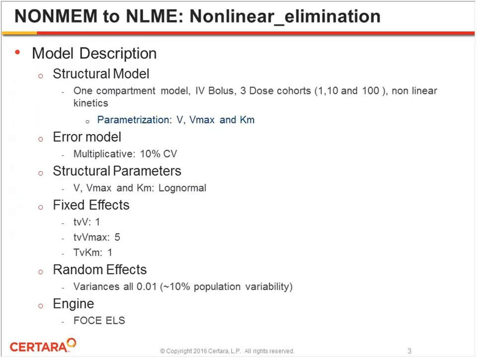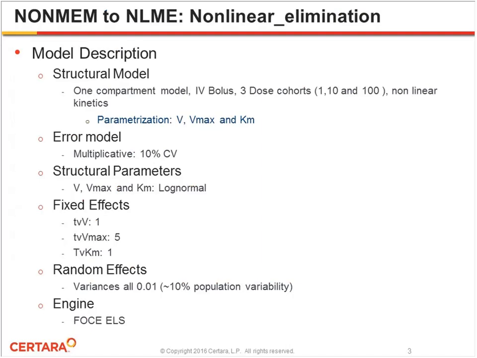So what is our model? It's a one-compartment model with IV bolus dose, and we have 3 cohorts with increasing dose amounts of 1, 10, and 100 dose units.